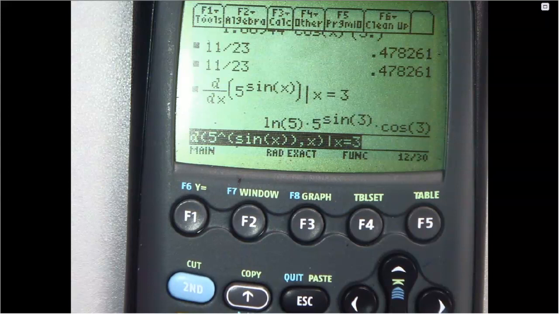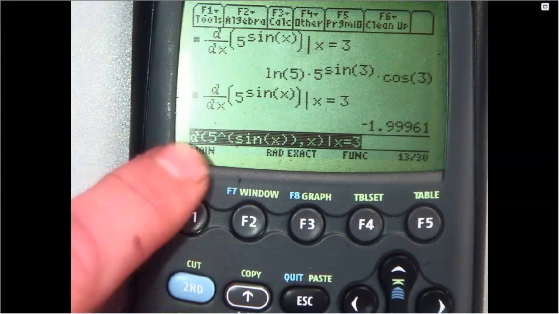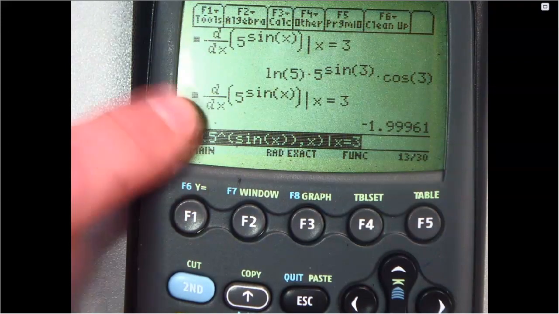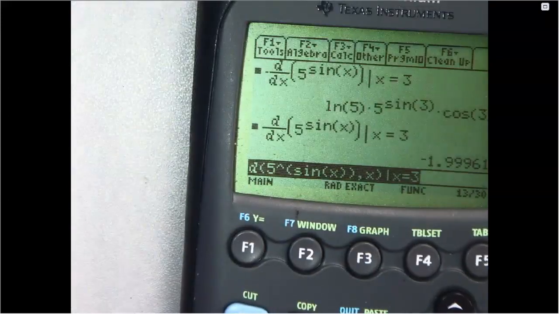I did not know this, but if you hit diamond enter, it takes it out of exact for you and gives you the decimal. That's really cool. Thanks, Lex. So sometimes it's already set up in approximate. But if it's set up in exact, because then it gives you that stuff, then you can go diamond enter.